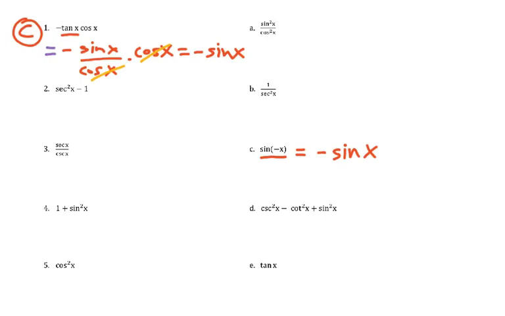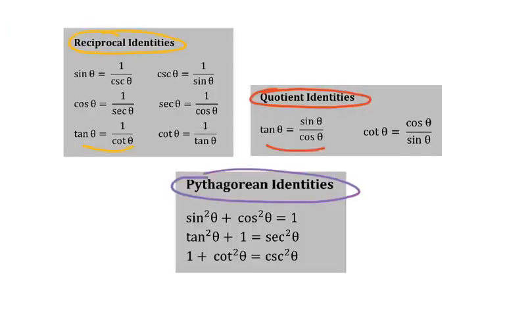So the second one we're given here says secant squared of x minus 1. If we come back to our Pythagorean identities and look for a secant squared term, I'm going to focus on this middle identity. If I take this middle identity and subtract 1 from both sides, it's still true, and that would say that tangent squared of theta is equal to secant squared of theta minus 1.